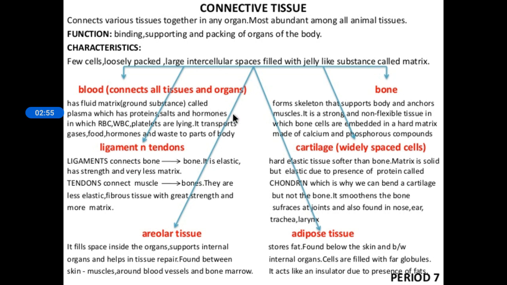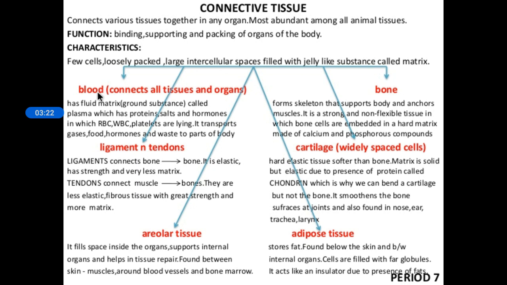What are the functions of RBC? RBC means red blood cells, which mainly help to carry oxygen, and WBC helps to fight against infections of germs, and platelets, very important, help in clotting of blood and also transport gases, food, hormones and waste to parts of the body.